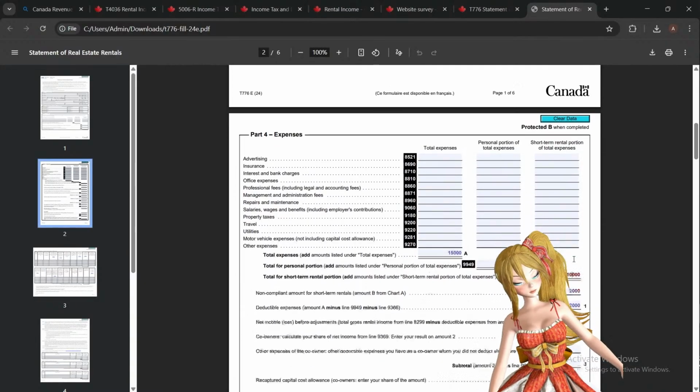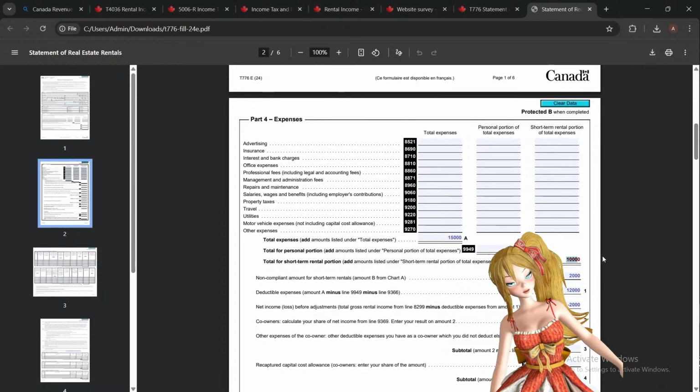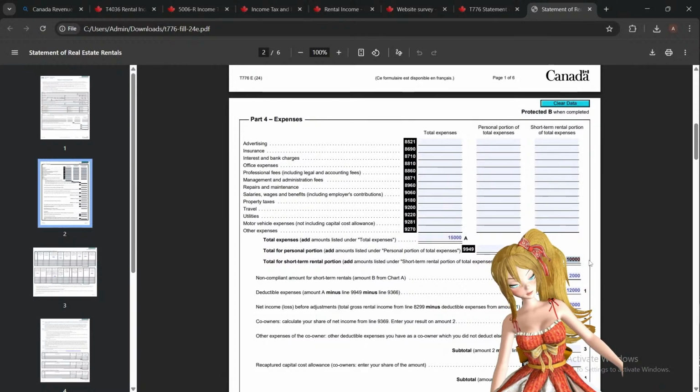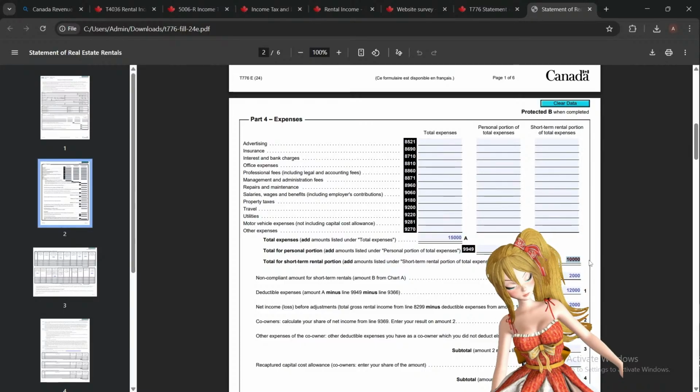But that doesn't make sense either, right? Shouldn't it be this amount? Shouldn't the net income be the amount for the short-term rentals? 9,365.